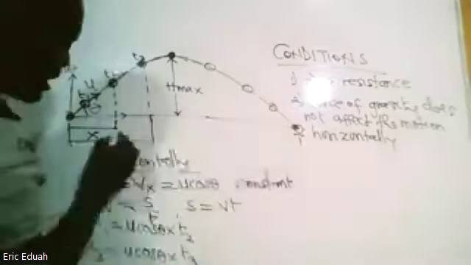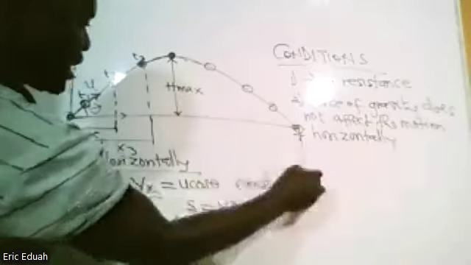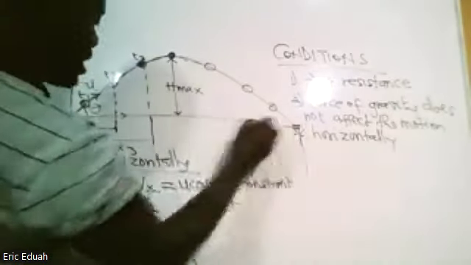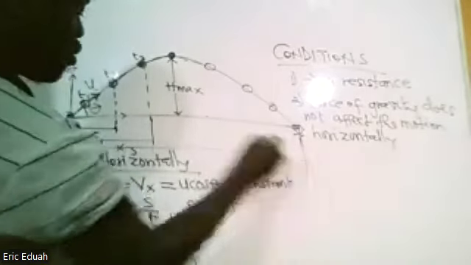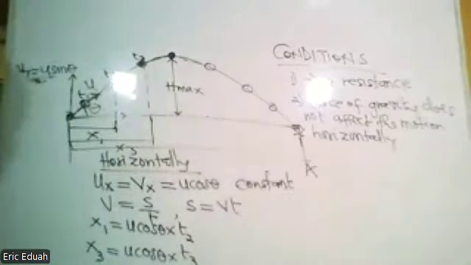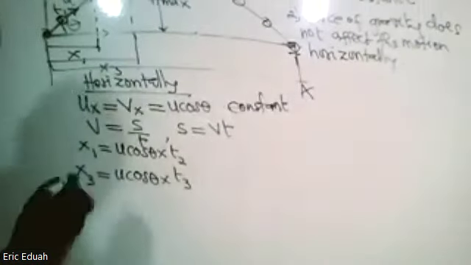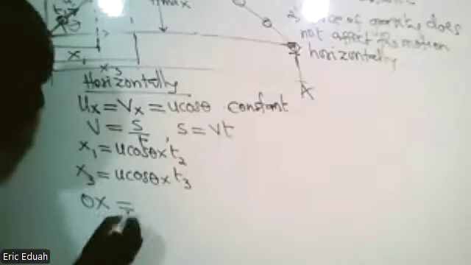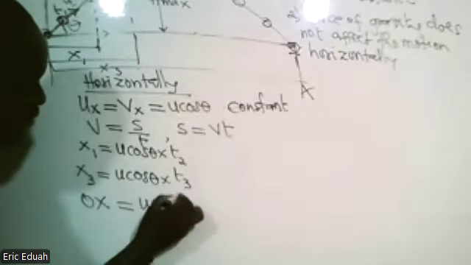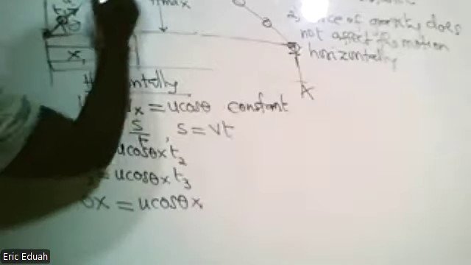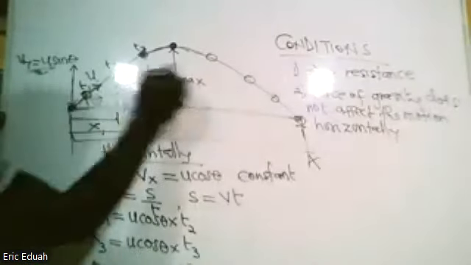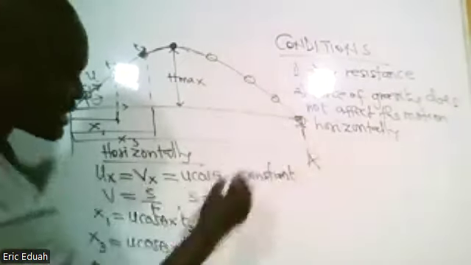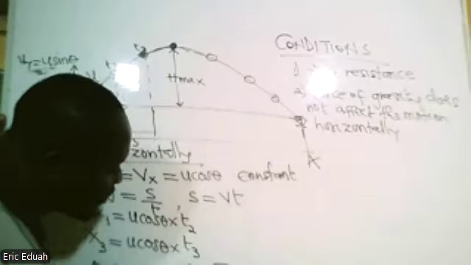If I want the whole horizontal distance traveled, OX, it must be equal to the constant horizontal velocity u cos theta times the total time taken to move from here and then drop to the ground. This time is what we call the time of flight.